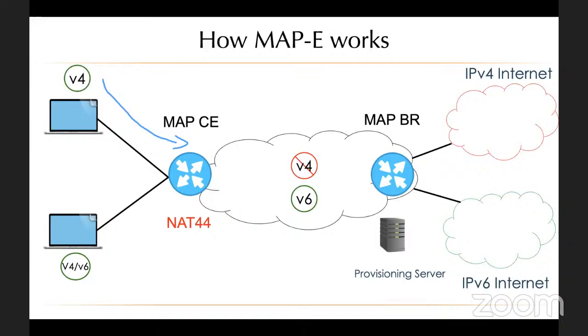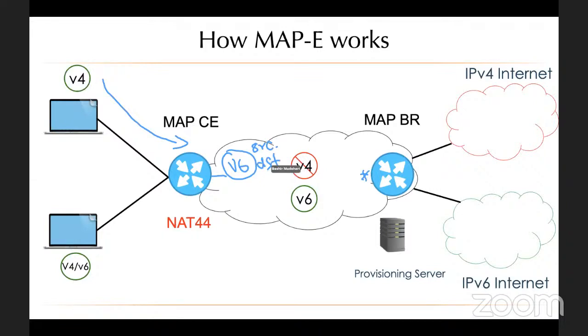So remember, when we're sending the MAP rules, the CE is also going to get or configure an IPv6 address for the tunnel interface. So this IPv6 address is going to be the source IPv6 address for the encapsulated packets, right? And then we need to forward this packet to the BR. Remember, when the provisioning server was sending the MAP rules, inside the MAP rule was the IPv6 address of the BR. So this is going to be the destination address.